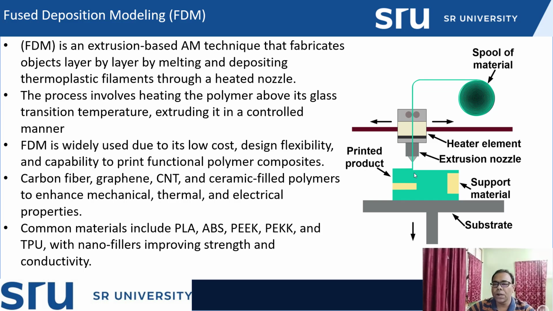Some of the commonly used materials are PLA (polylactic acid), ABS, PEEK, PEKK, and TPU, and some of these materials can also be filled with nanofiller material to strengthen the mechanical properties and other properties, maybe electrical properties, of the final product.